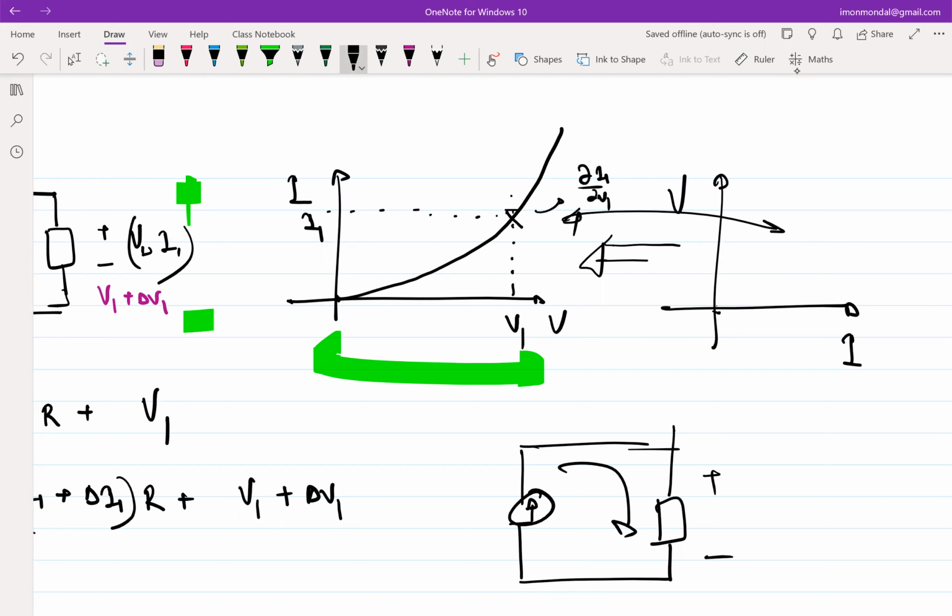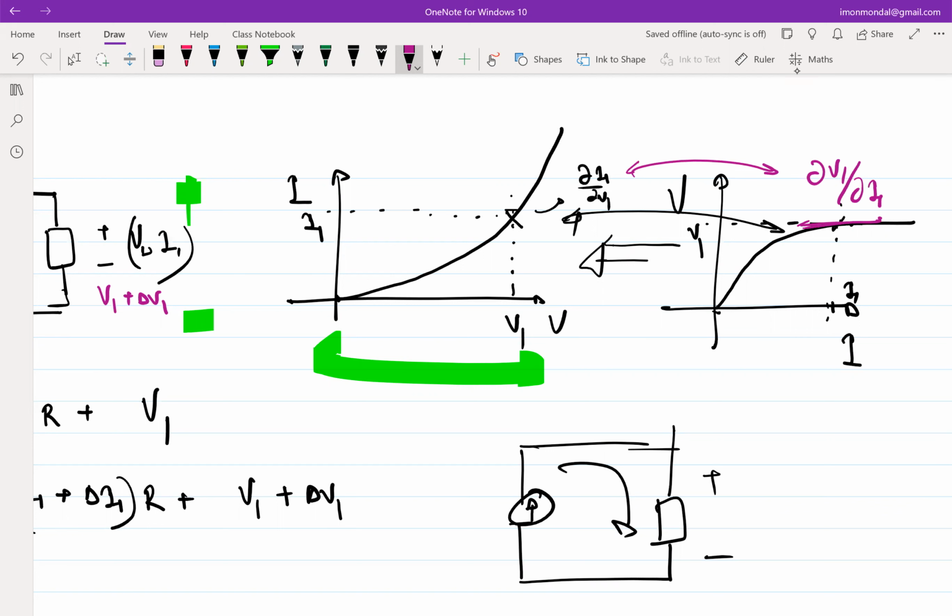Now if I draw the plot here, it will look somewhat like this, and the corresponding I1 V1, the tangent here will essentially be the inverse of the tangent that you got from the plot on the left, right? So here you are essentially getting del V1 del I1, right? And naturally this relationship between these two is reciprocal.